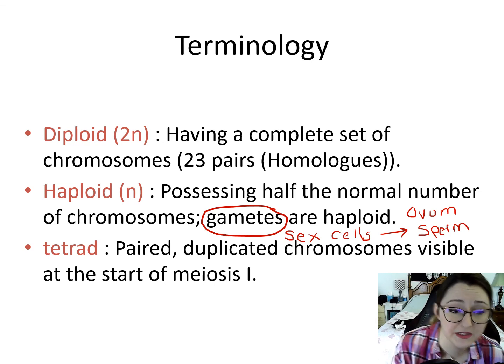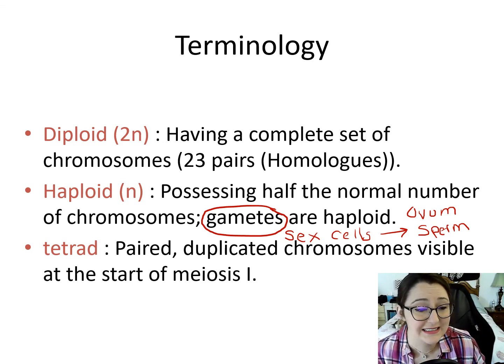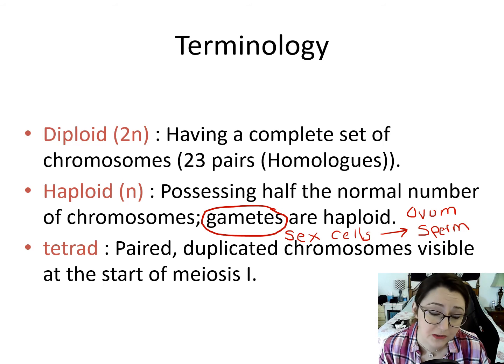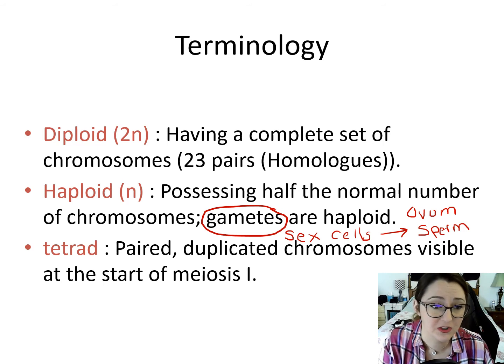Those are gametes, and they are haploid. They only contain half the normal number of chromosomes. So they only have 23 chromosomes. A diploid creature would have 46. Okay, so 23 pairs equals 46.